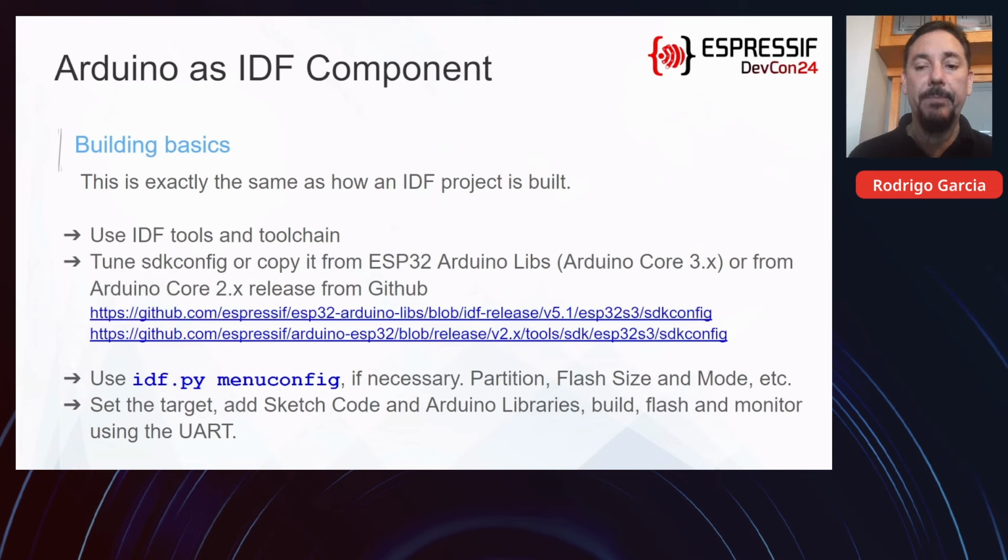You can change them, for instance, partition scheme or flash size, and then you save it into the new SDK config file. You start building your project by setting the target, which actually was done before, and then you just go through the building process and flash your chip. This is exactly how we do it with an IDF project. There is no difference.